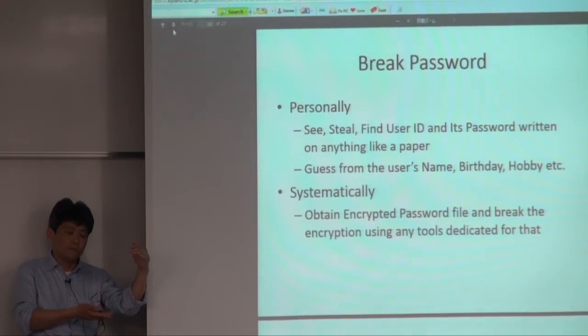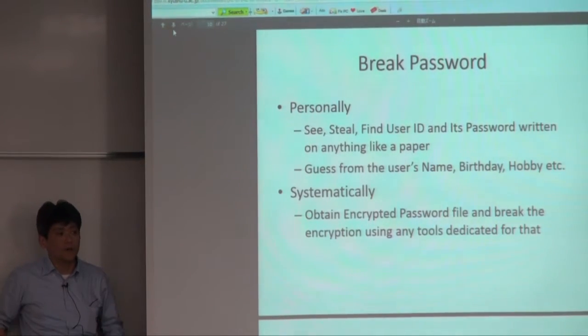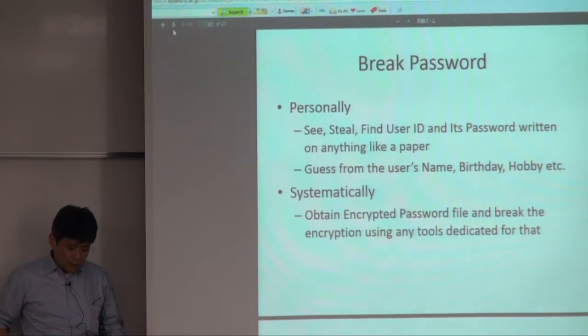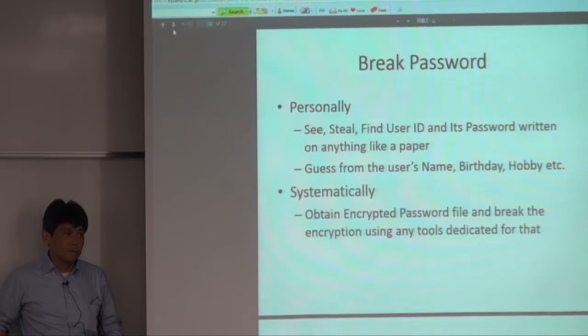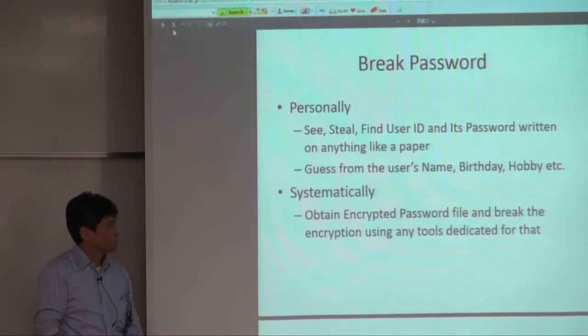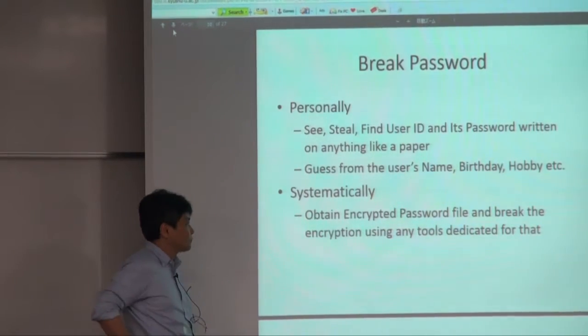Usually the content of such a password file is encrypted. Okay, encrypted, encoded into a different type, a secret type.